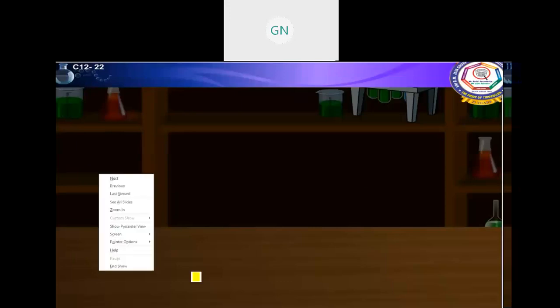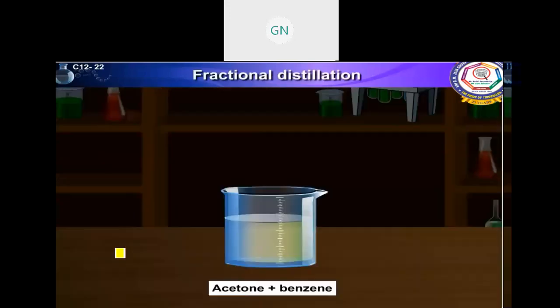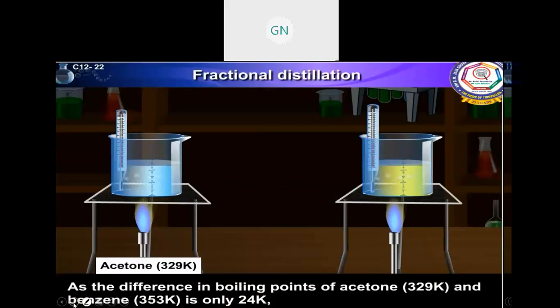We can separate acetone and benzene using the fractional distillation method. We have to boil this.